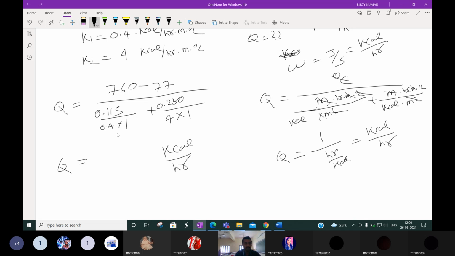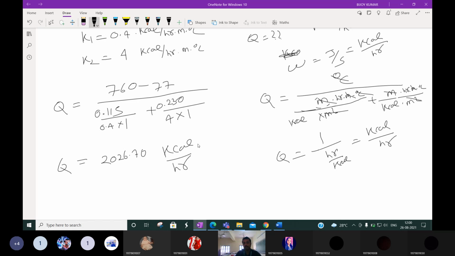Please calculate. In the examination you have to calculate it. As the classes are going online, I am doing it here, otherwise I will leave these things. You have to do it. 2026.70. Okay, it is nearly the same. It is kilocalorie per hour.